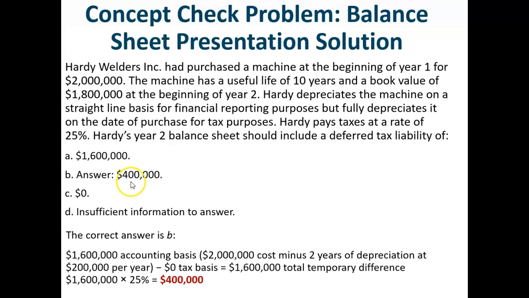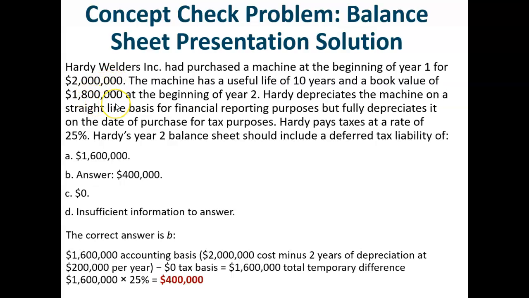Did you calculate $400,000? Answer B. So this $1,800,000 includes the $200,000 of depreciation expense for year 1.